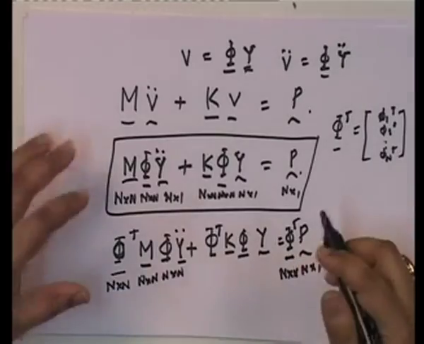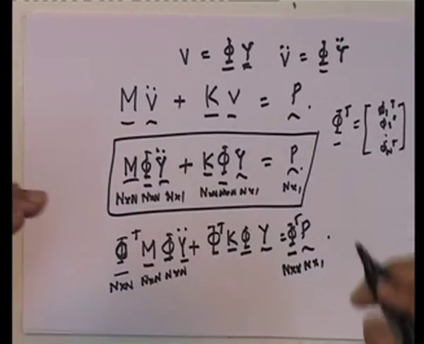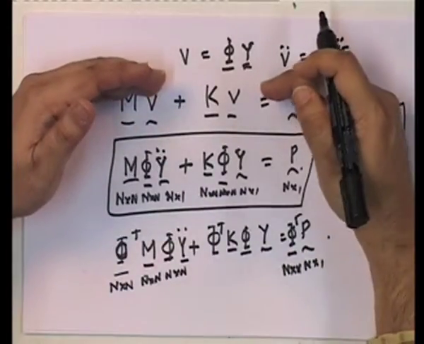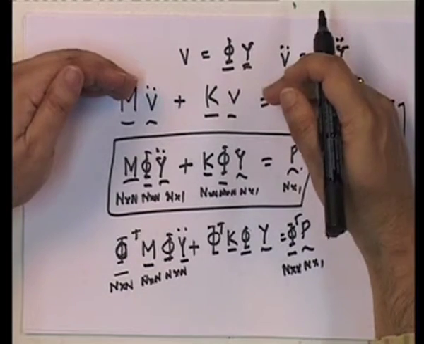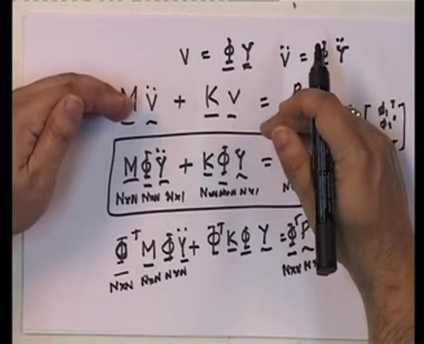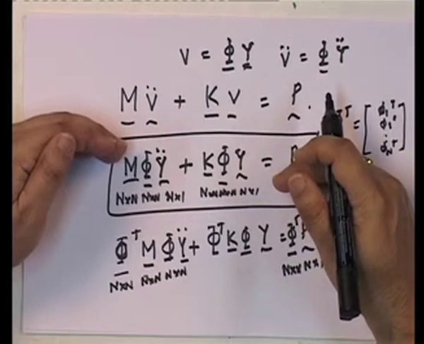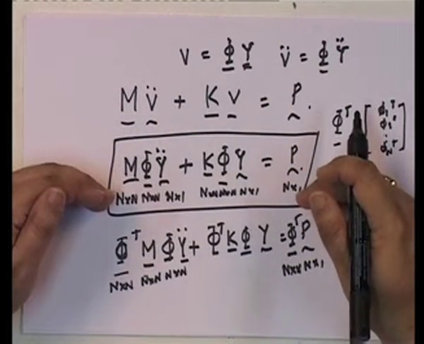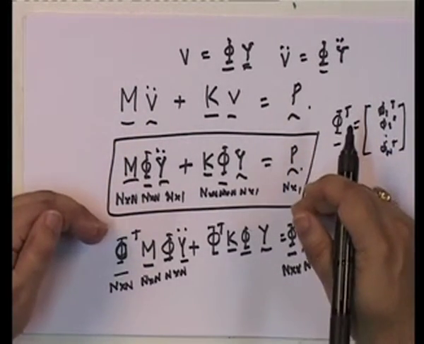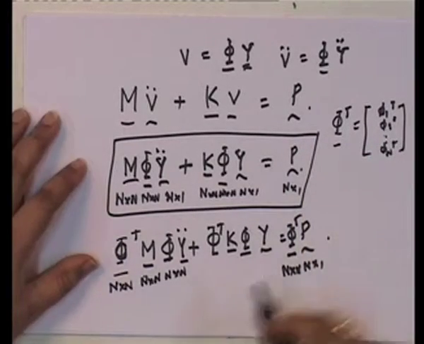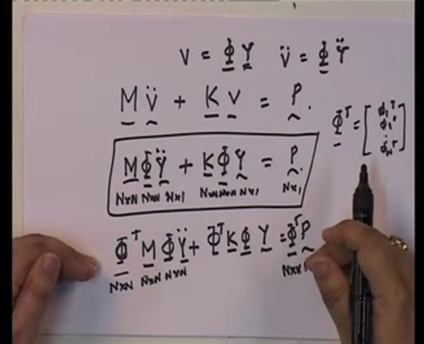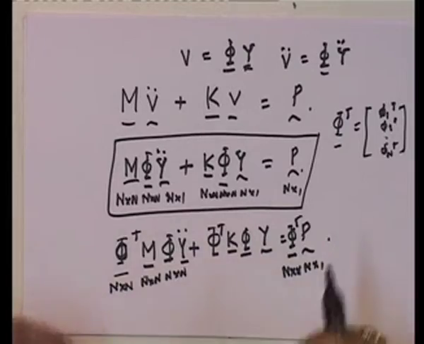So, what we have done is taken n coupled linear differential equations and transformed them into still n coupled differential equations, and this is also n differential equations.